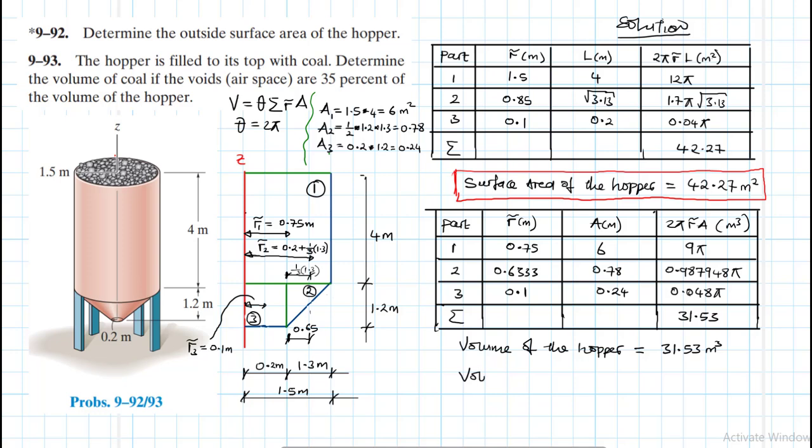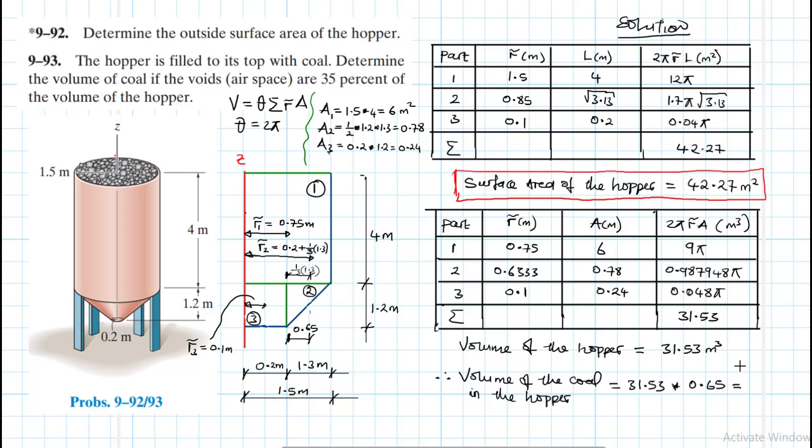So the volume of the core in the hopper is equal to 31.53 times 0.65. You know where that is coming from? That is the 65% that remains.